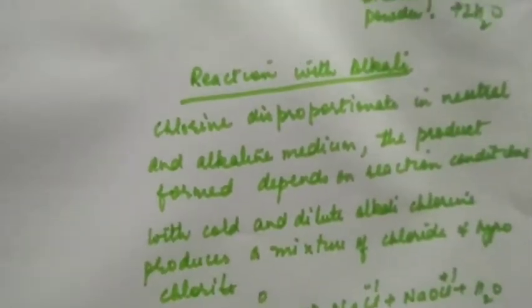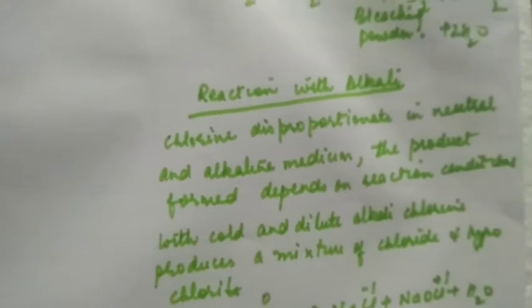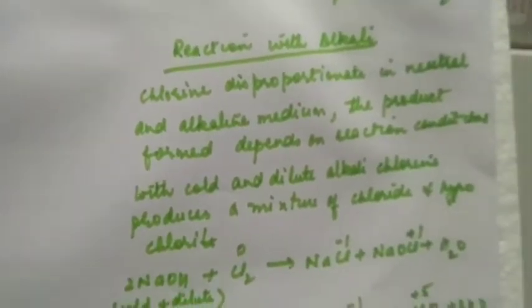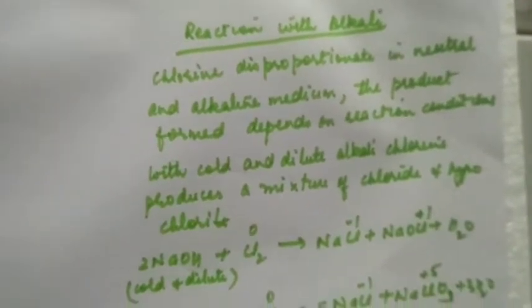With alkalis, chlorine shows a disproportionation reaction. A disproportionation reaction is one in which the element undergoes oxidation as well as reduction during the reaction. Depending upon the medium and the reaction conditions, the products formed can be different.